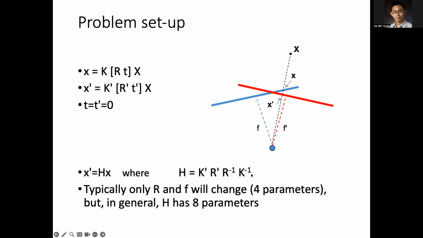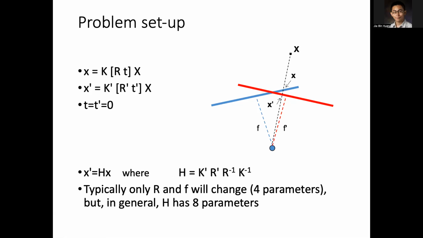Fundamentally, there are only 4 unknown parameters, 4 degrees of freedom. But because this is 3x3 and it's up to scale, it's only 8 degrees of freedom. So it's only 8 parameters. So you need 4 pairs to solve it.